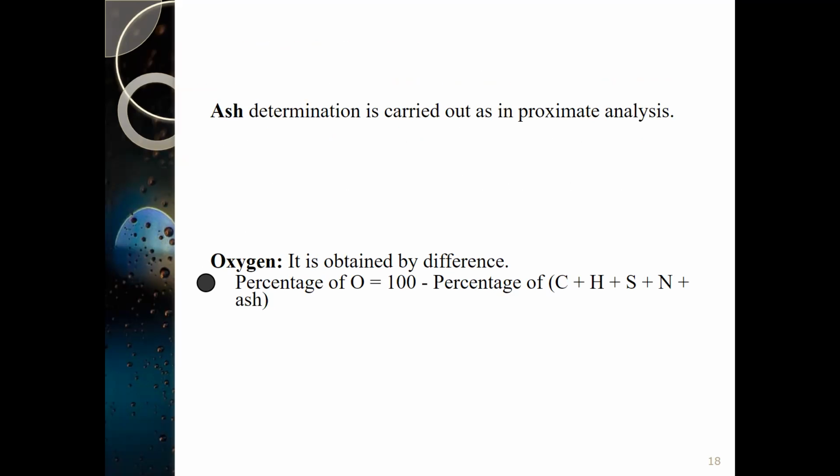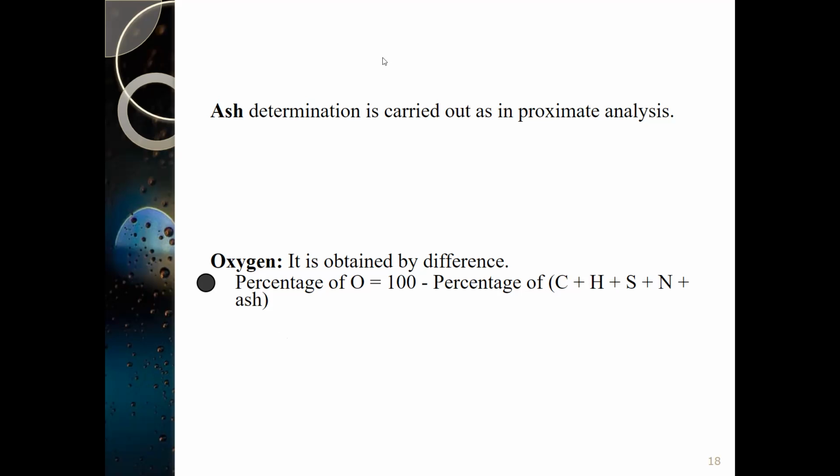By subtracting the sum of the elements from the total. Same here, oxygen is obtained by subtracting the sum of the remaining elements from the total. The total is 100 percent minus the percentage of carbon plus hydrogen plus sulfur plus nitrogen and also ash.